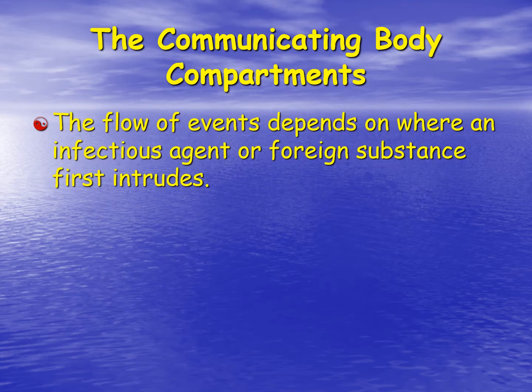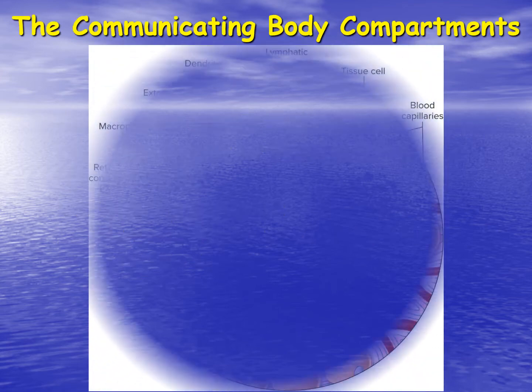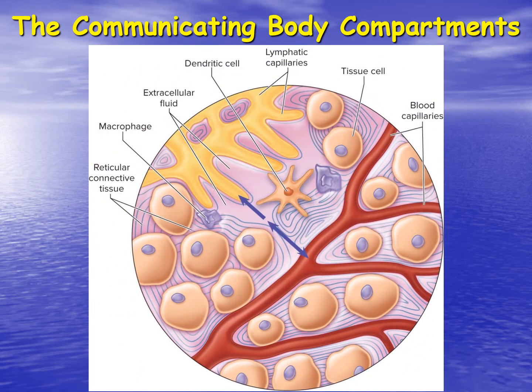The flow of events depends on where an infectious agent or foreign substance first enters the body. So a typical progression would be extracellular spaces and reticular tissue. Let's say we get through the epithelial tissue and we get into the extracellular space of the connective tissues. We then can be picked up by the lymphatic circulation, which eventually takes that to the bloodstream, and then we can deal with it.